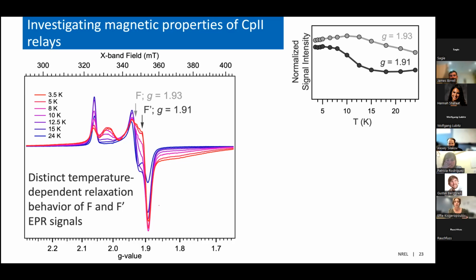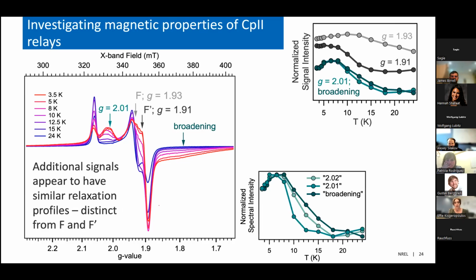But looking at these other signals is where it became interesting. For the unassigned signals, in the bottom graph, I have them all shown together. They all have similar profiles and a similar dependence on temperature. In the top, I'm just showing two of the signals compared to the F cluster signals.